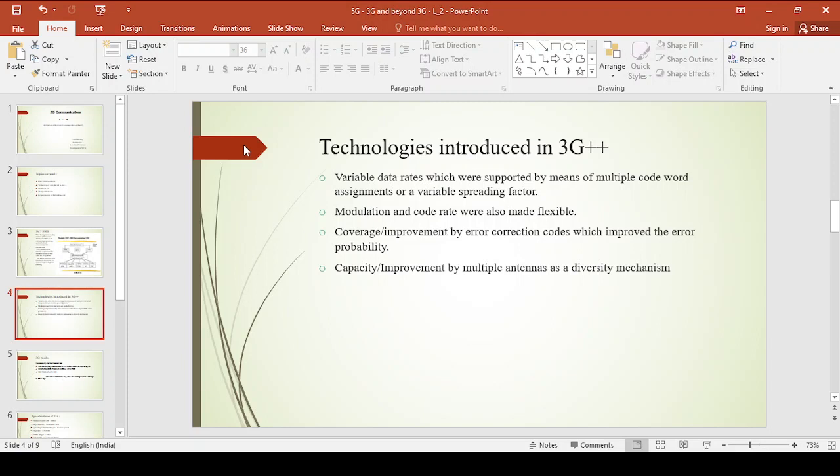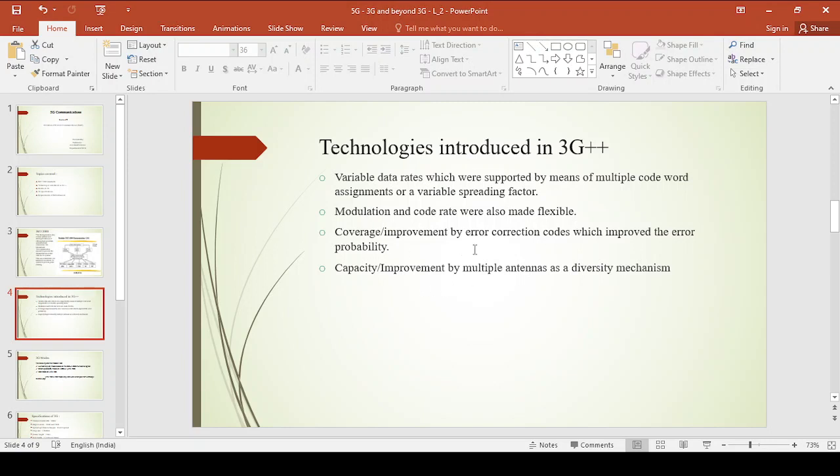These were the four technologies introduced in 3G++. The first technology is multiple code word assignments or the variable spreading factor in order to provide variable data rates. Next, different options were available to use different modulation techniques such as BPSK, QPSK and 16 QAM.